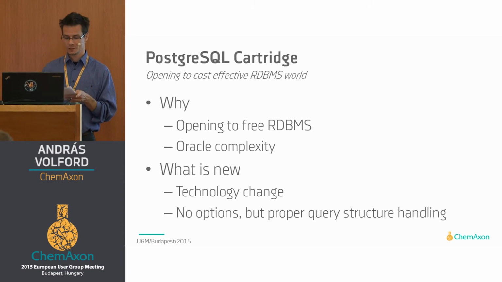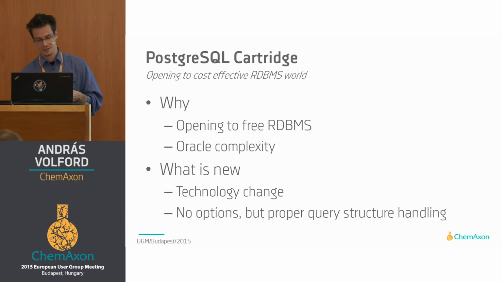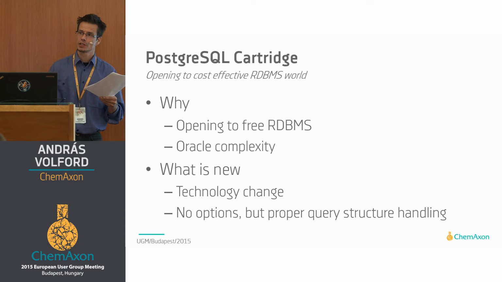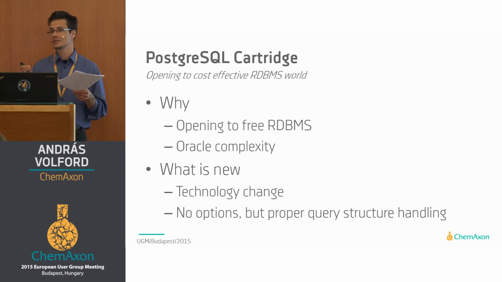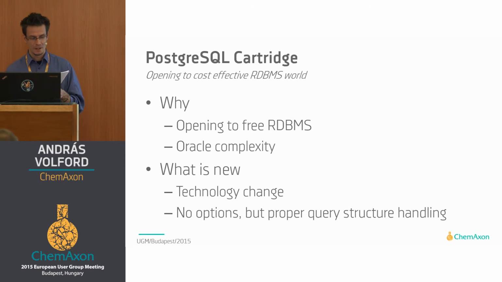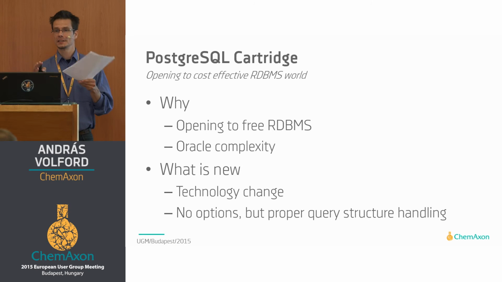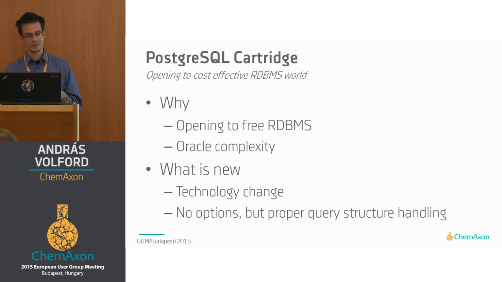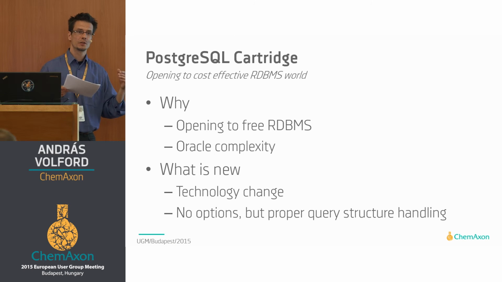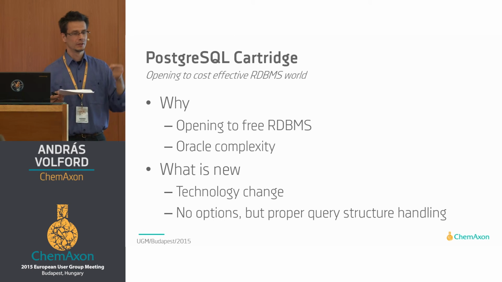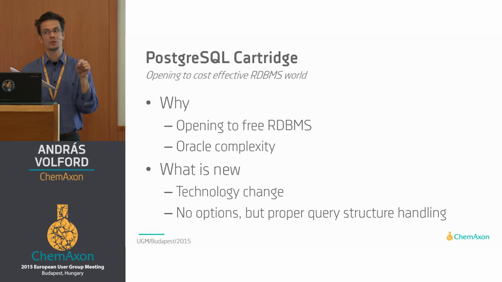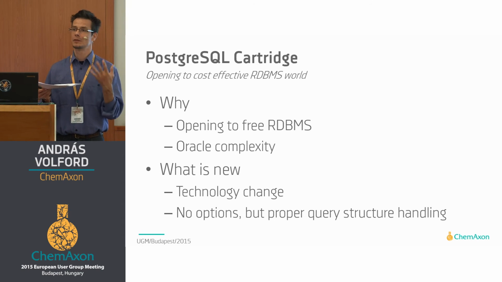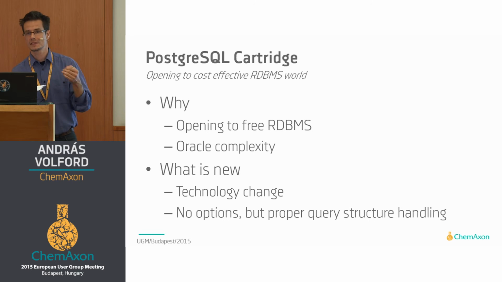And let's go to the new features. So we made a technological change. The heart of the Postgres Cartridge is the Zetor, a new JChem, which we are incubating in the backend of the Postgres. And also you can forget about the double login of the Oracle Cartridge, where you always have to use the user password, because here it is automatically managed by the Postgres system.